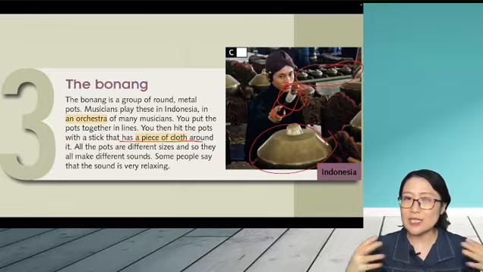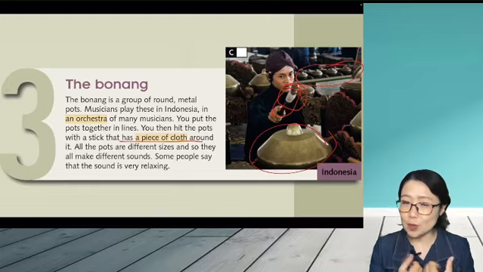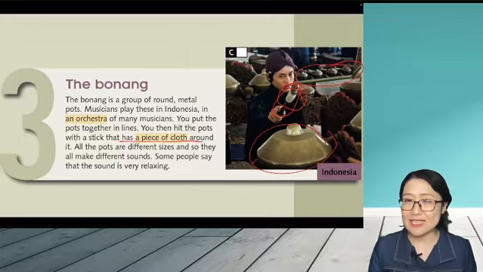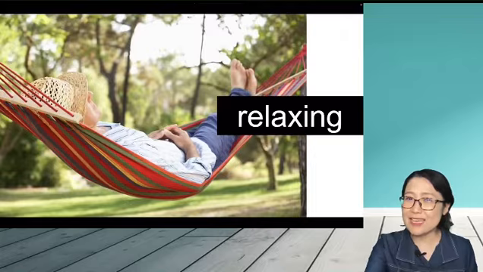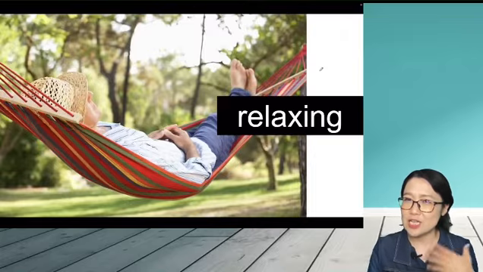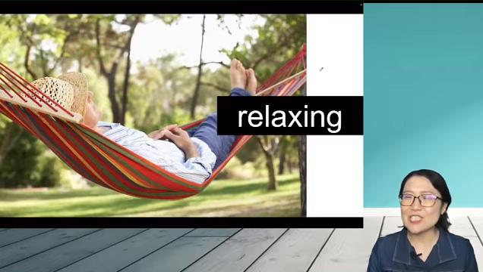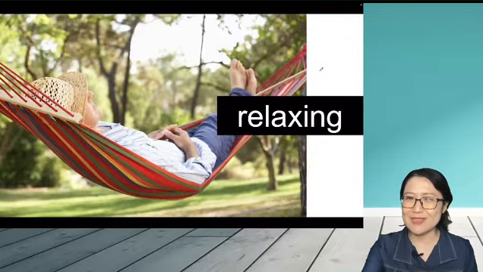So they are different sizes. 它们有不同的大小。So they all make different sounds. 那它们造出来的声音呢就会不一样。Some people say that the sounds are very relaxing. 有的人就说这些声音呢非常的 relaxing. So do you know what is relaxing? You see, this is relaxing, right? 就是很让人放松。Okay, so you know these musical instruments, right?